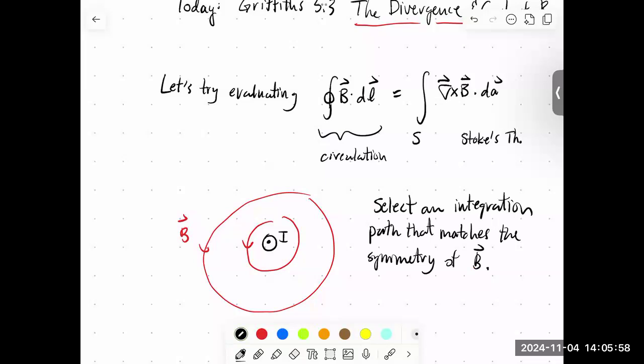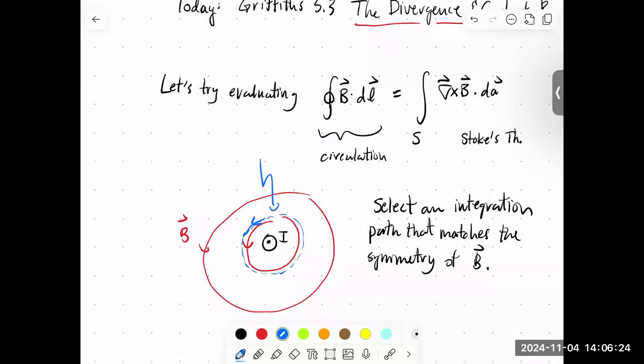Just looking ahead, when we do get to Ampere's law, what we're really doing is picking the shape of our Amperian loop. That's equivalent to picking a path to integrate around. This is going to be my integration path. I might as well choose the direction to be the same direction as the magnetic field, just to avoid dealing with unnecessary negative signs.